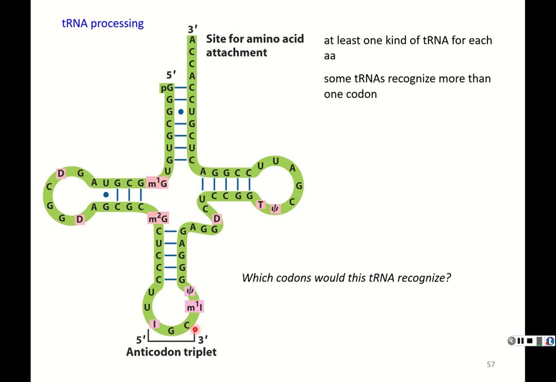So then our codon that we're going to be recognizing for this one would be GCA or GCU or GCC. Okay. And G is the only nucleotide that the I cannot recognize or bind to. Okay, all of these tRNAs are bound to alanine.